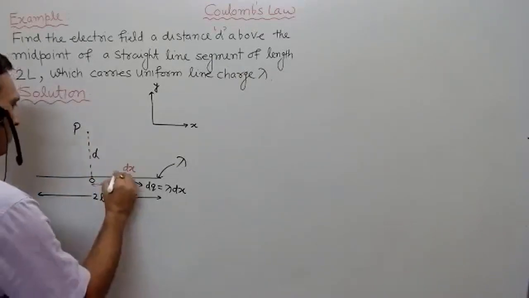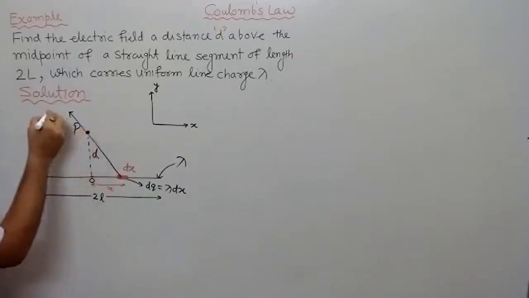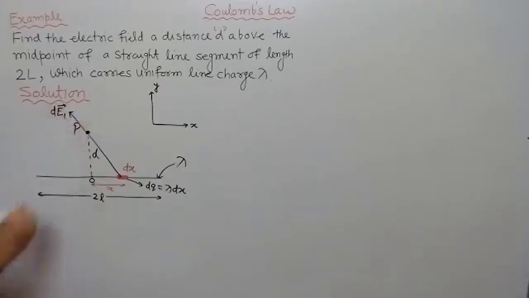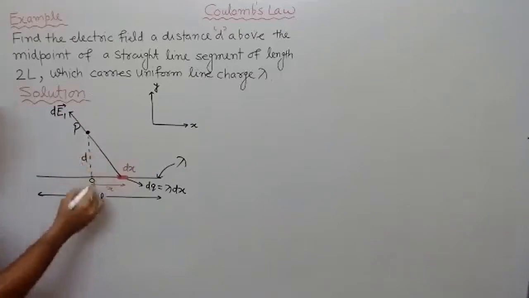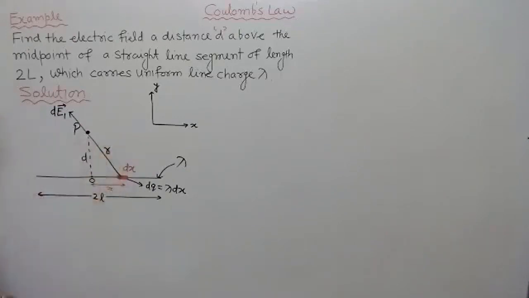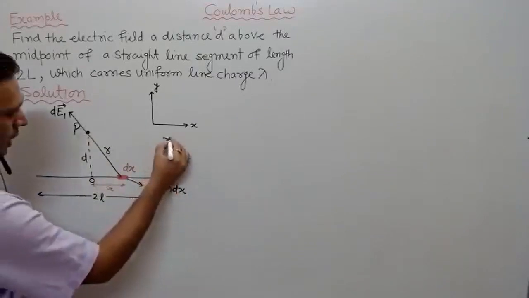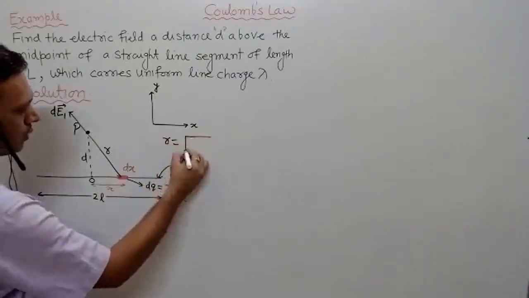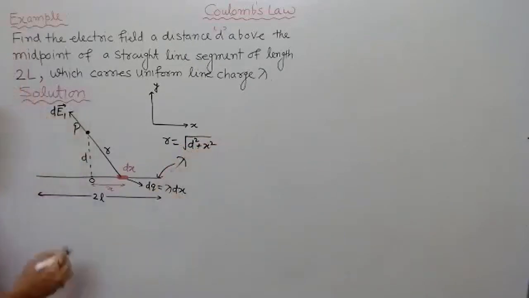Let us find the electric field due to the elemental length. So this field is dE1. Assume this distance is small r, where small r is given by under root d square plus x square.